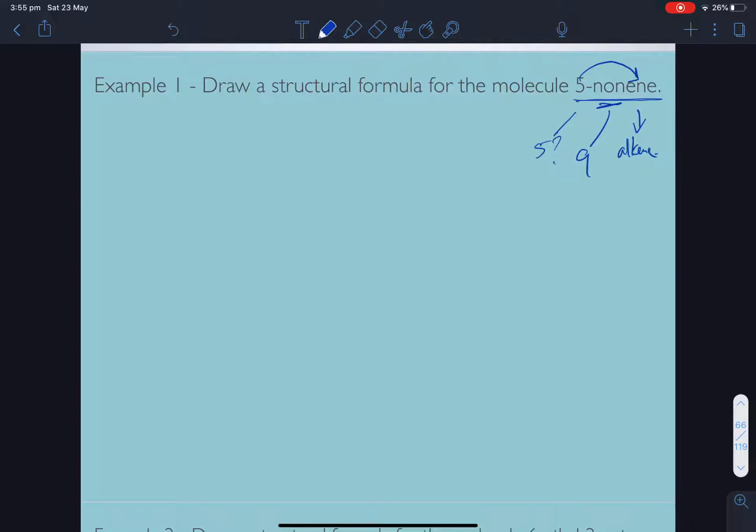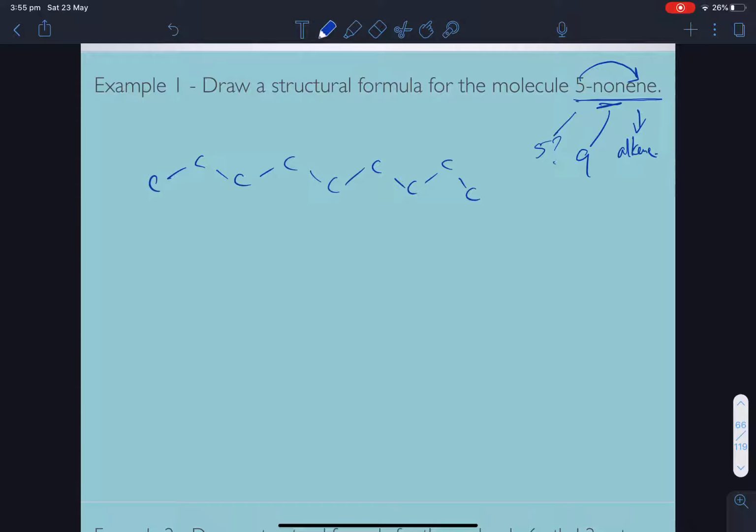Okay. So, I'm just going to start off up the top here. I'm just going to sketch it out. If I need to redraw it to show proper geometry, I can. What I'm going to do is go, well, it's 9 carbons long. Carbon 1, 2, 3, 4, 5, 6, 7, 8, 9. That's a long one. Did I do enough? 1, 2, 3, 4, 5, 6, 7, 8, 9. That's good. Always check yourself.